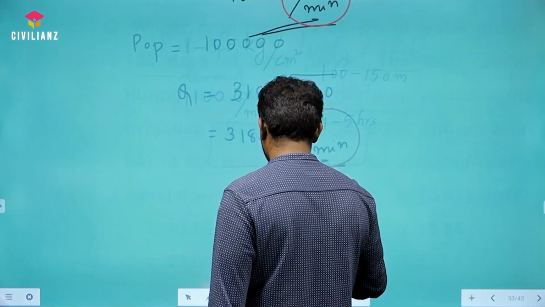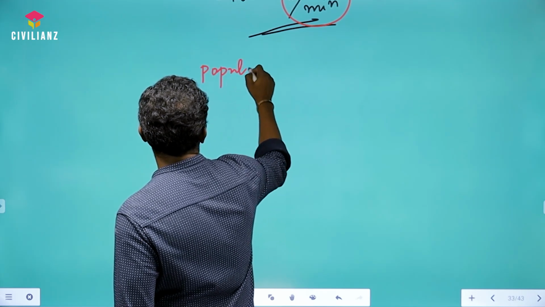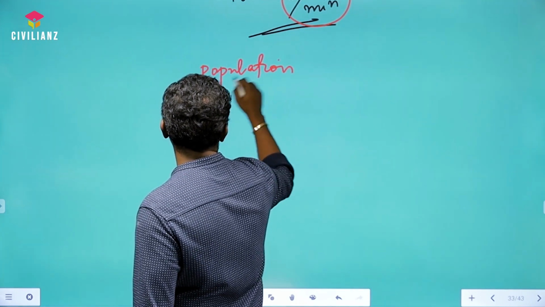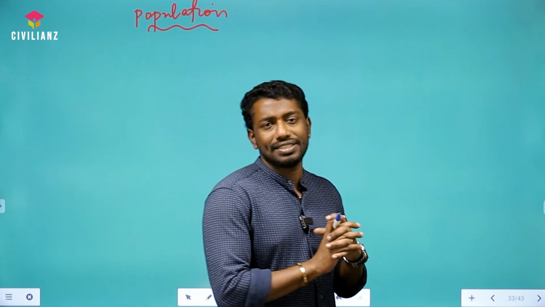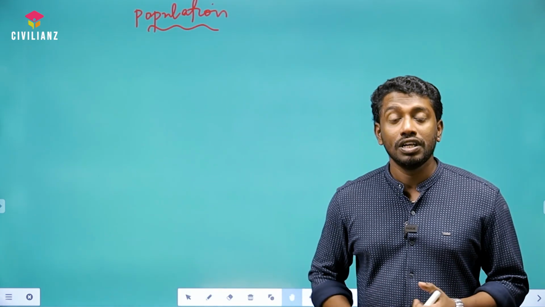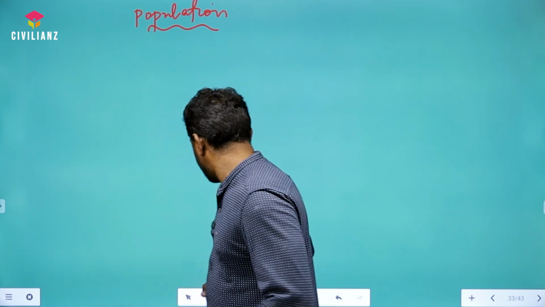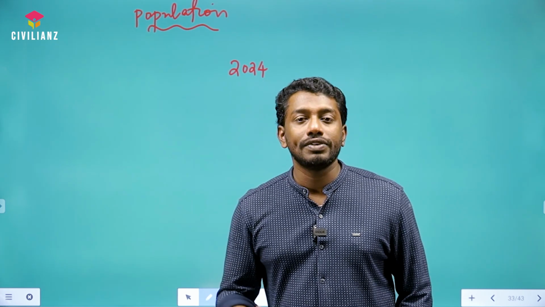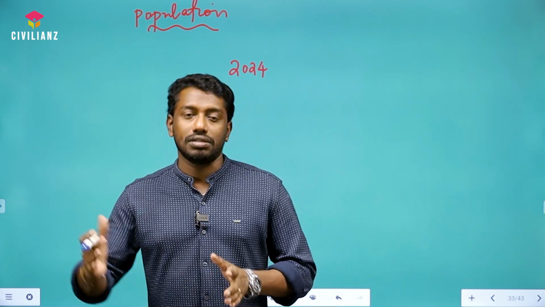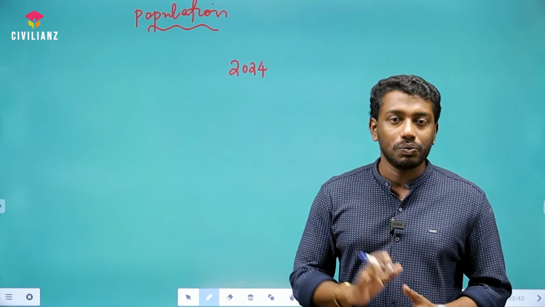Finally, we are studying population. Here we are dealing with different population forecasting techniques. We have to forecast population now. For example, this is the year 2024, and in this year we are going to construct a water treatment plant.